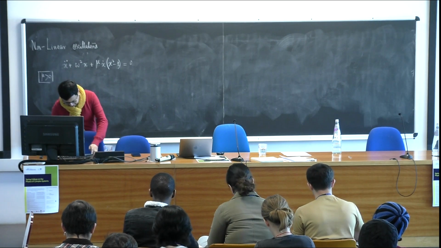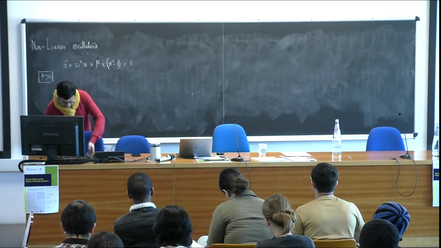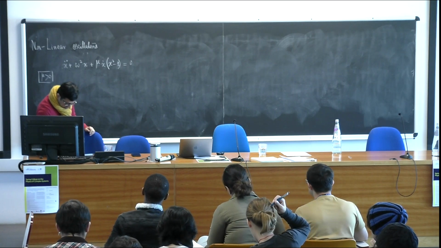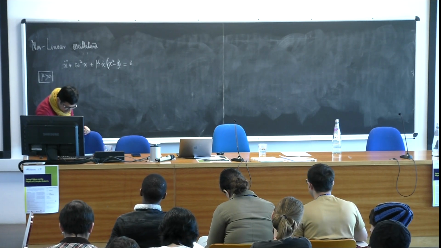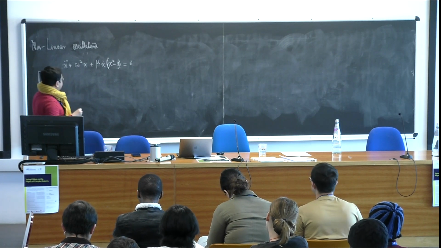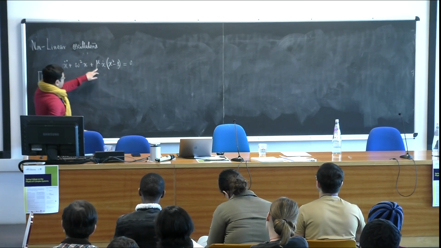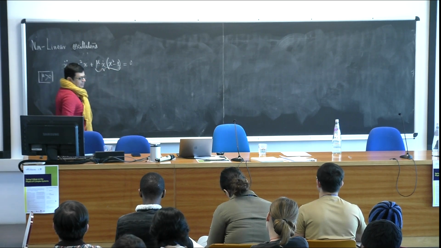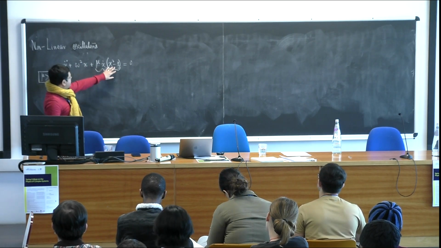Let me just see if I write x square minus 1. Okay, fine. Mu is still positive, but now you see what's a new thing that is happening. Let's look at this equation.